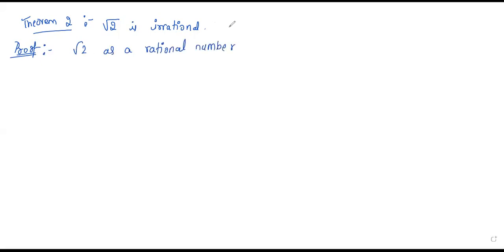So in the process of proving, we consider that root 2 is a rational number, and along the process, at the end, finally, we will prove that root 2 is not a rational number and hence it's an irrational number. We are following the reverse methodology. Clear?